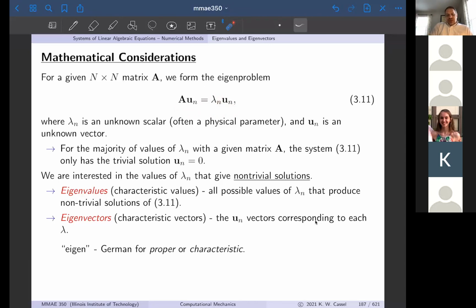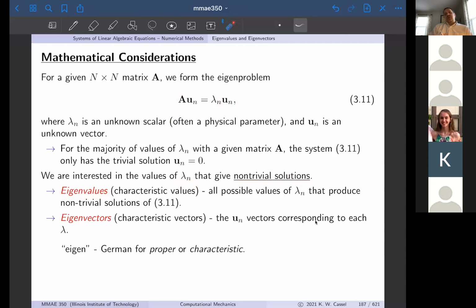But what we're interested in are those few special values of lambda that do give us non-trivial solutions. And as I've said before, non-trivial, trivial, that's just fancy mathematical talk for equal to zero. So a trivial solution is equal to zero, a non-trivial solution is not equal to zero. So the eigenvalues are those values of lambda that give us a non-trivial solution to this equation. And again, they're special. There's not very many of them.